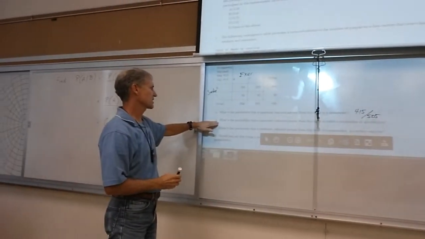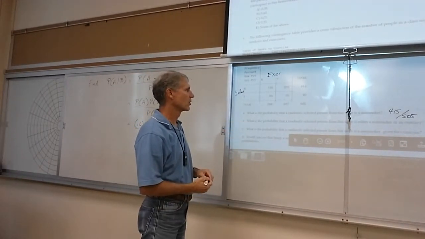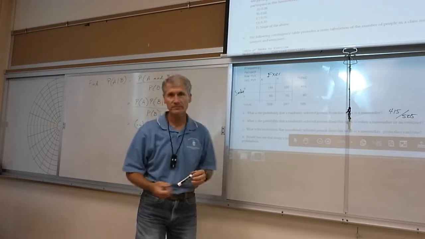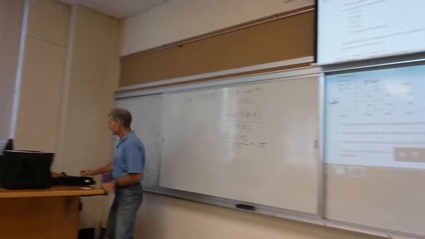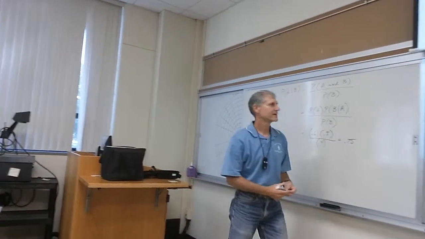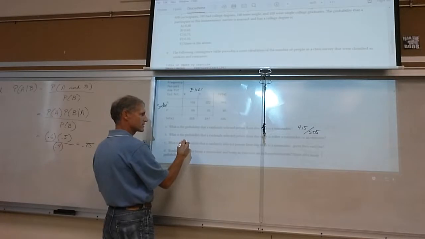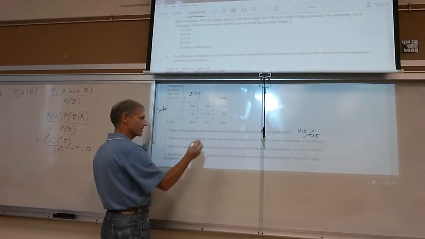Okay, and then part B says probability that a randomly selected person is either a non-smoker or an exerciser. Uh-oh, the word or. What does the word or tell you to do? Addition rule. So, addition rule, I'm going to use S for smoke and E for exercise.